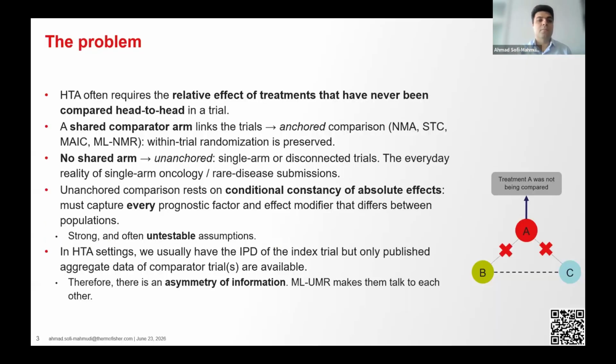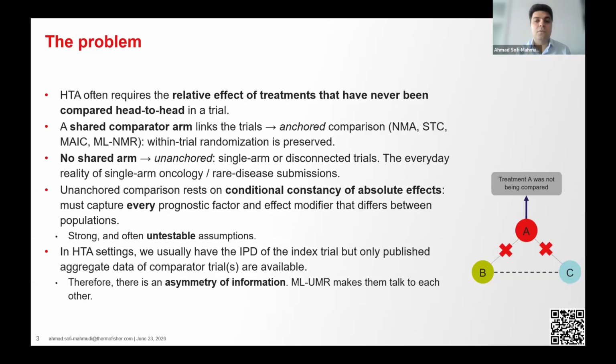So what's the problem? As we know, in HTA, we often require relative effects of different treatments, usually more than 2 treatments. And these treatments are often not compared in just one trial.